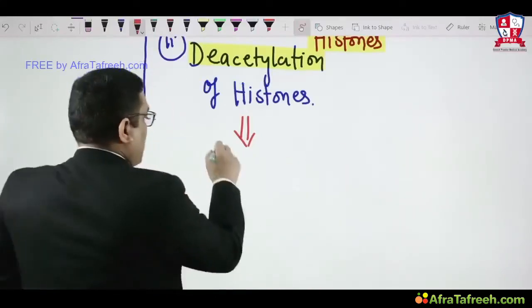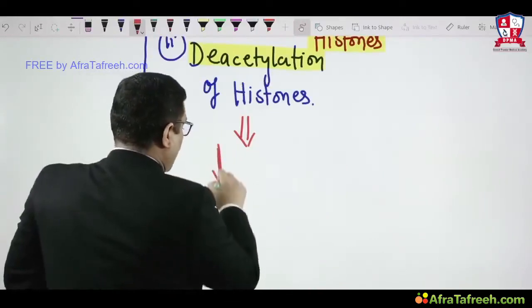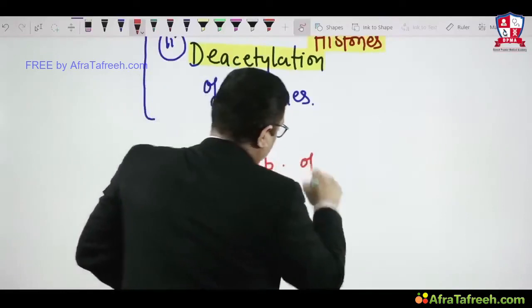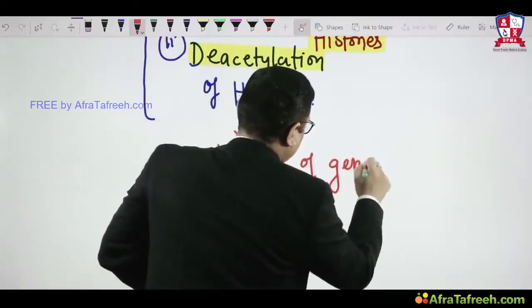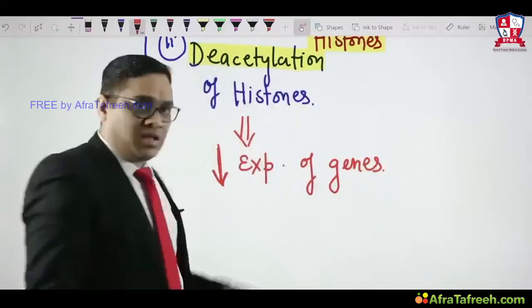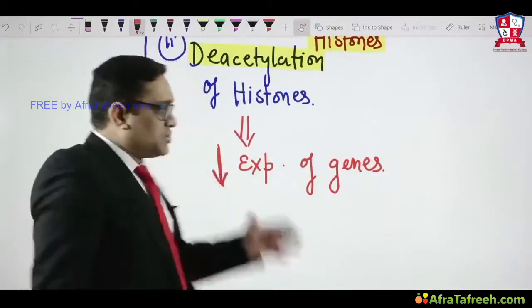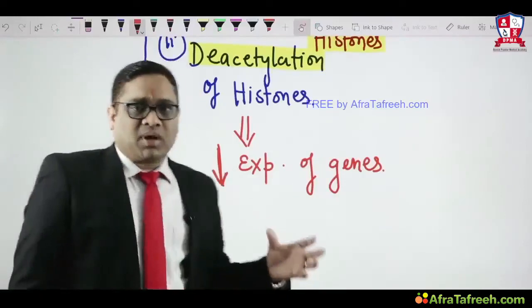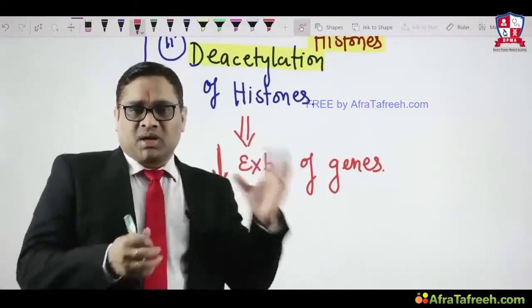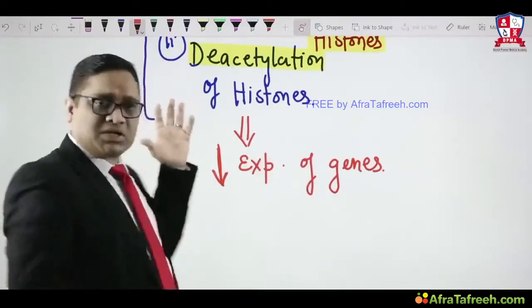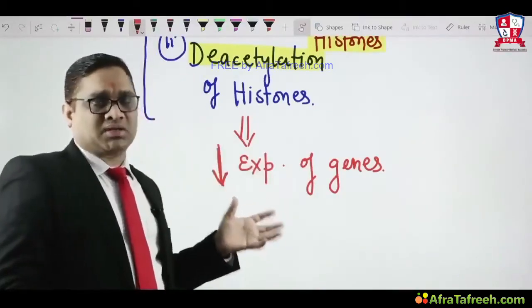At that time we have to remember this will cause reduced expression of the gene, because genes are getting inactivated or imprinted, right? So that is the basic mechanism of genomic imprinting: epigenetics, hereditary chemical modifications. What kind of chemical modification? Methylation or deacetylation.